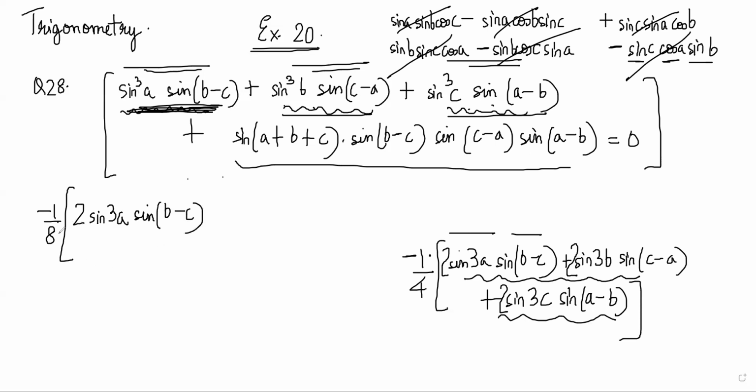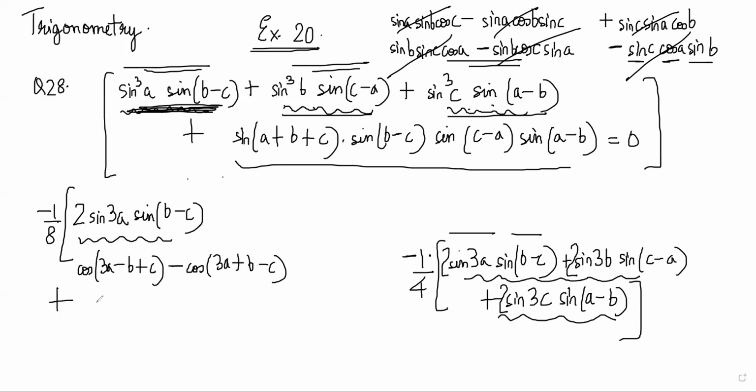I have put a 2 inside and put a minus 1 by 8 outside, and this will become cos of a minus b minus cos of a plus b, right? Yes. This is cos of 3a minus b plus c minus cos of 3a plus b minus c. Correct?